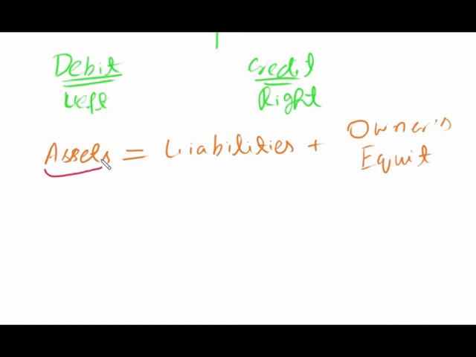It is the left side of the accounting equation, it is the right side of the accounting equation. So for debit we simply write DR, and we will say credit. So it means we will debit assets and credit liabilities and owner equities.